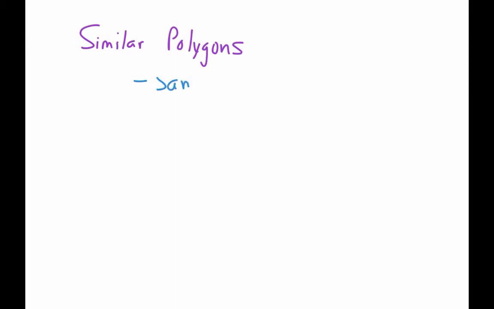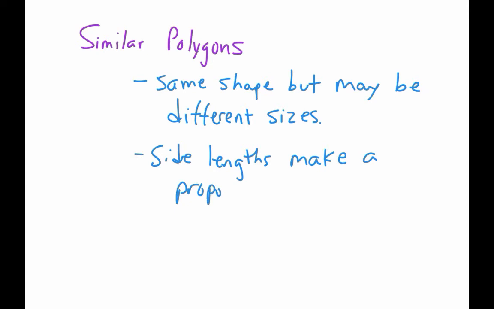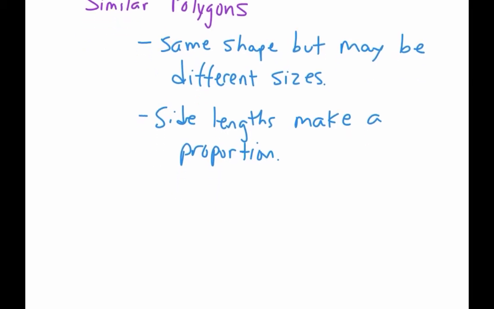So if they're the same shape but maybe different sizes, the side lengths are going to make a proportion.